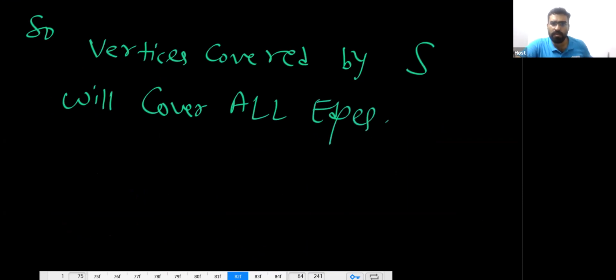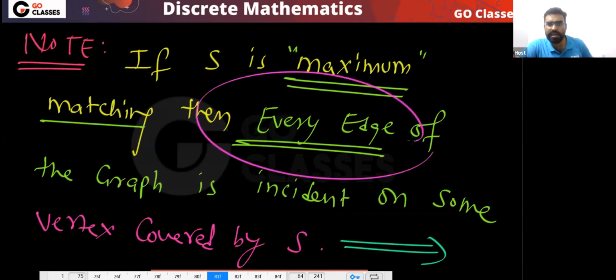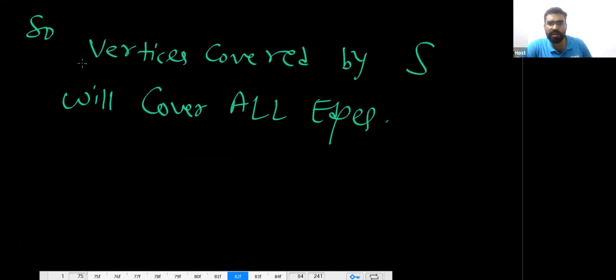Yes or no? Because already you know that every edge is falling on these vertices which are covered by S. It means that these vertices which are covered by S will cover all the edges.